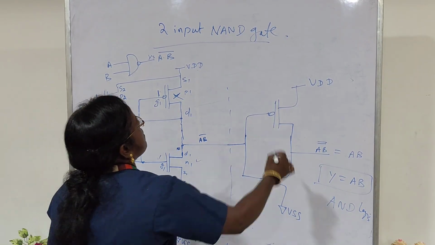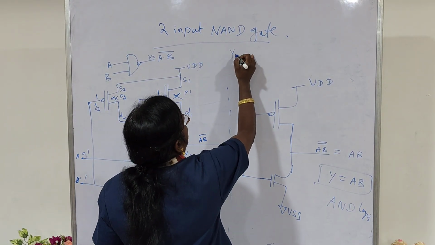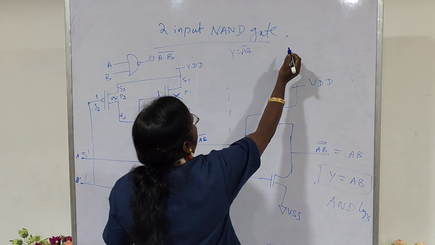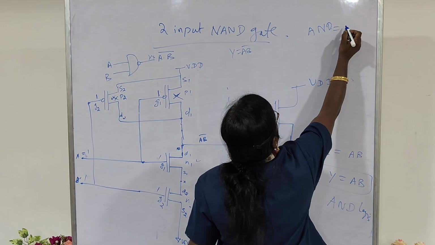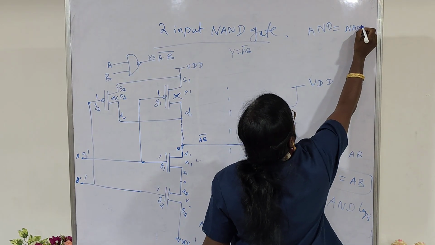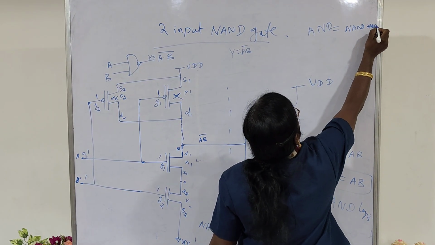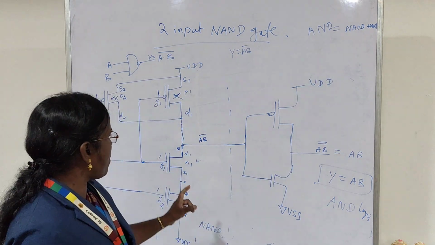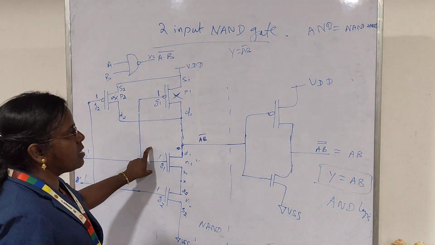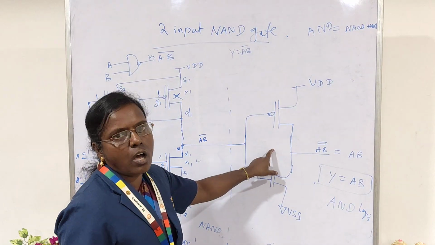The NAND gate output is Y equal to AB bar, and the AND function is the combination of NAND plus NOT. So the AND function can be implemented by combining a CMOS NAND gate and a CMOS inverter or NOT gate.